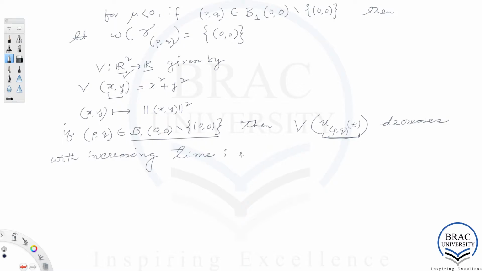In other words, V decreases along the orbit gamma P comma Q. This is what we need to prove first.